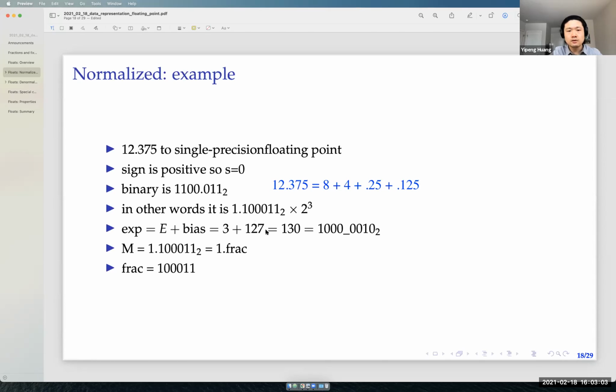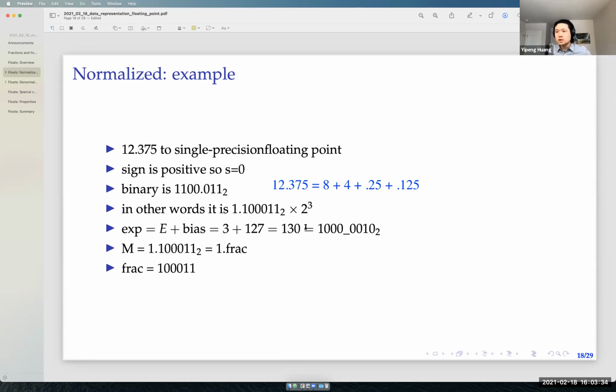For single precision floating point numbers, that bias is 127. So we take 3 plus 127, which is 130, and this is what we need to put in the EXP field. The EXP field is going to record these 8 binary digits, which represent 130.